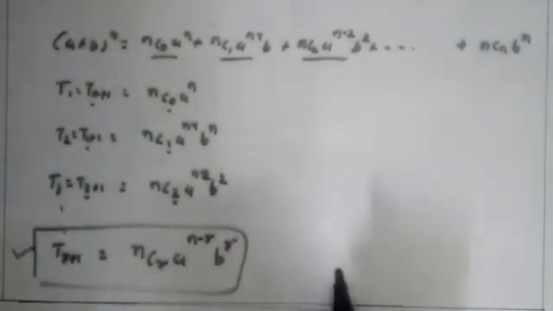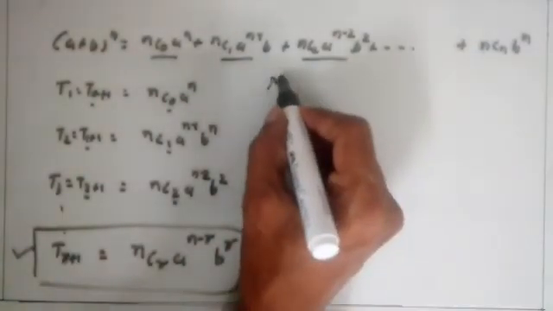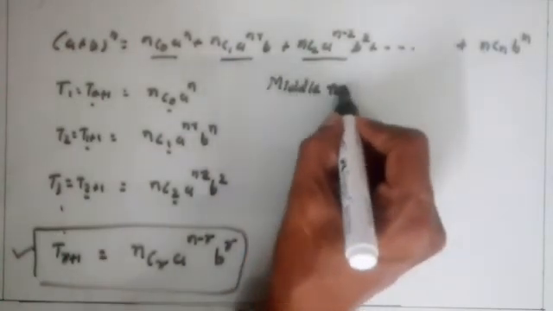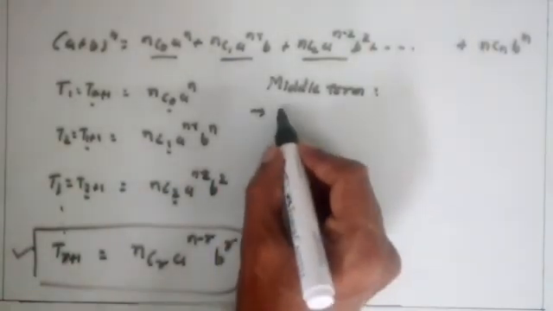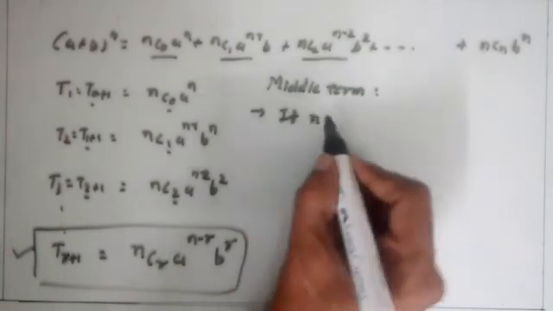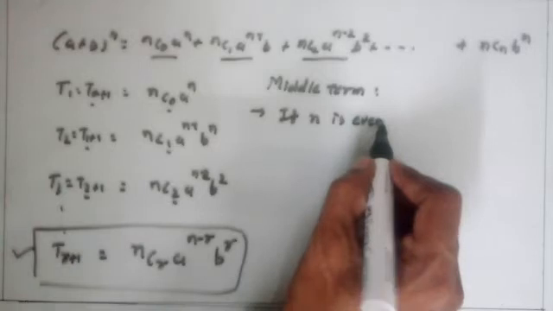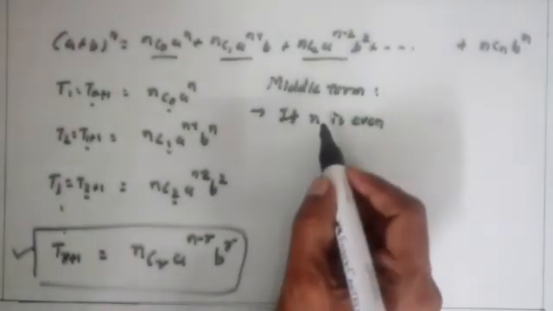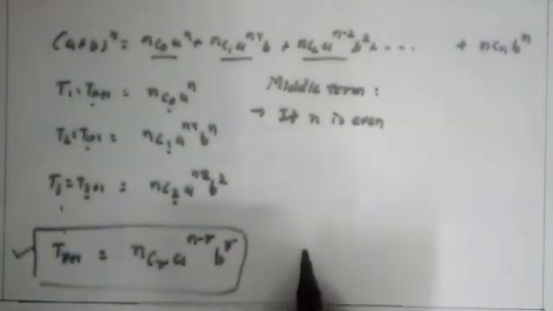Now here we discuss middle terms in the expansion of (a + b)^n. Middle term. Remember this here: if n is even, then consider the number of terms in the expansion of (a + b)^n.